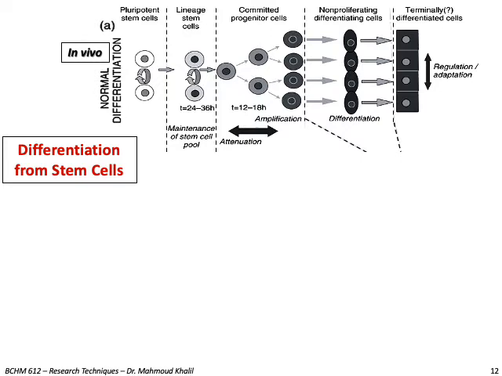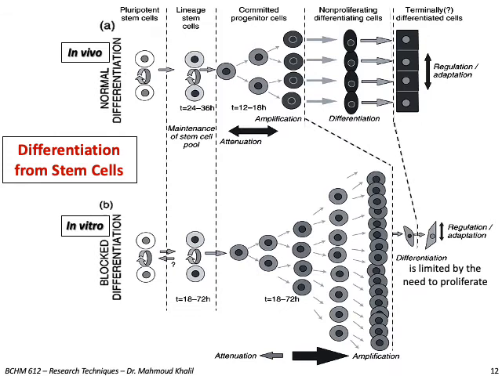Soon after that, there is another differentiation to form committed progenitor cells within 18 hours in a process of amplification, which soon differentiate into non-proliferating differentiating cells that give rise to the terminally differentiated cells, with regulation and adaptation of the amount of these cells. Of course, there is a process of attenuation for the committed progenitor cells as a mode of regulation, and this is normally what happens in vivo for stem cells. So if you grow these stem cells in culture, there is a blocked differentiation, as you can see.